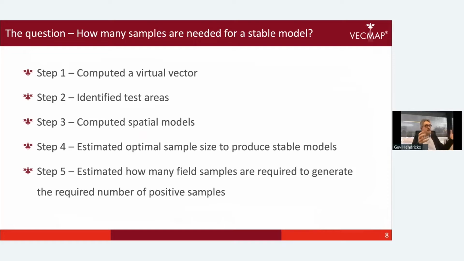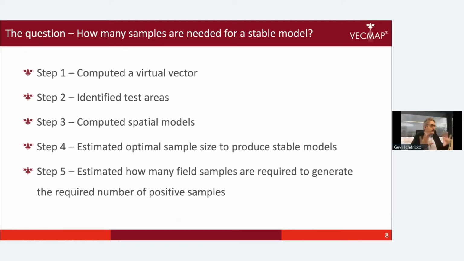So now the question is, we want to sample as little as possible to get the best results. So what is that ideal sample size? We've been working on this from an empirical standpoint. And the first step was to create a virtual vector, because one of the problems in relying on real data is that you can catch a vector, and you're pretty sure when the catch is positive, but you're never sure when the catch is negative.